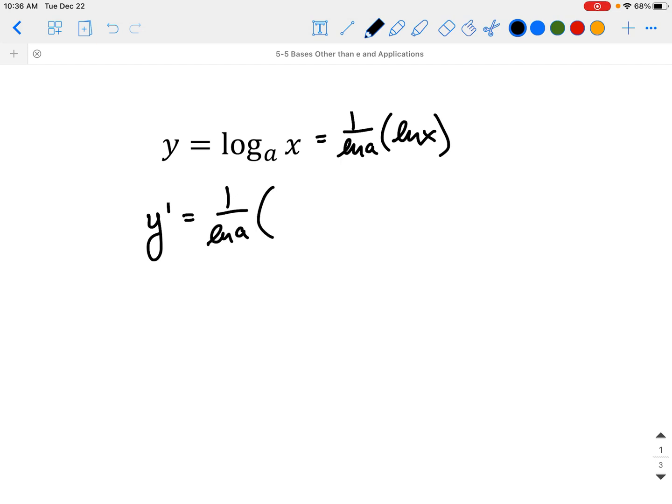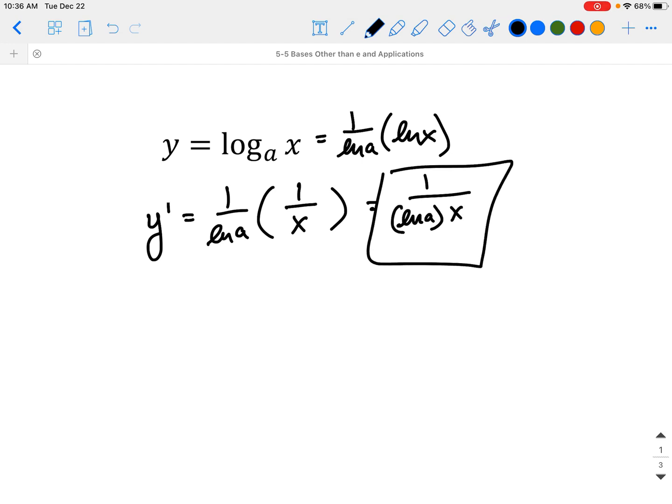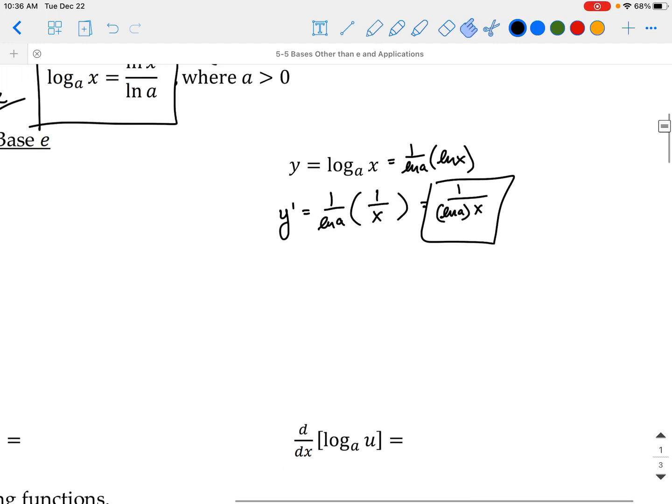So we'll get 1 over the natural log of a times, of course, the derivative of the natural log of x, which is just 1 over x. So that means that the derivative of any log value is going to be 1 over the natural log of a times x. And clearly we can see if we let a be e, then we would just get 1 over x, the normal derivative value that we end up with.